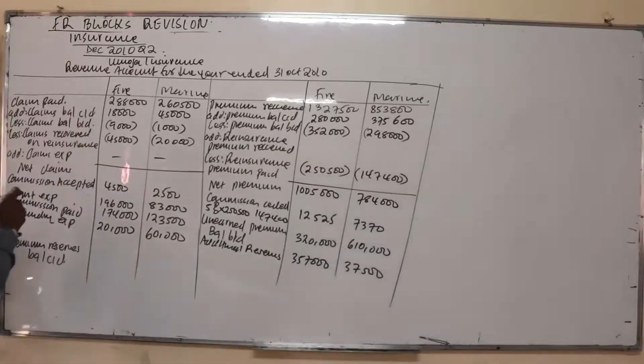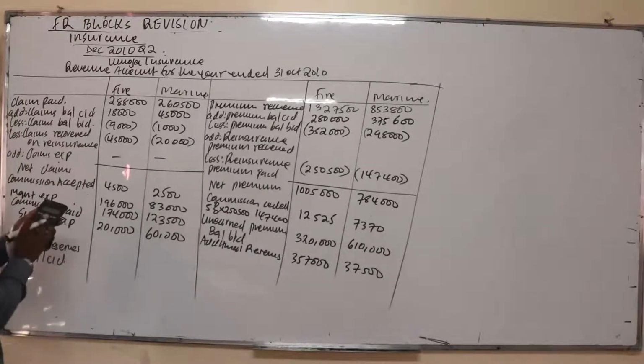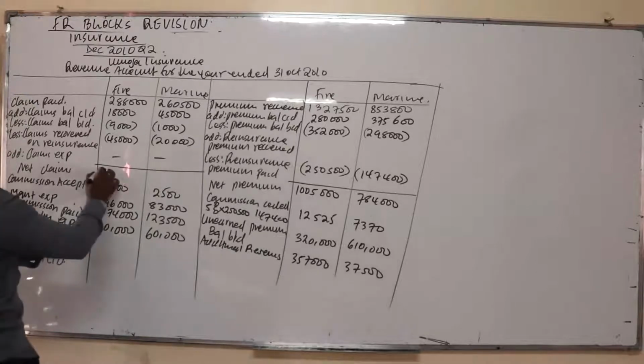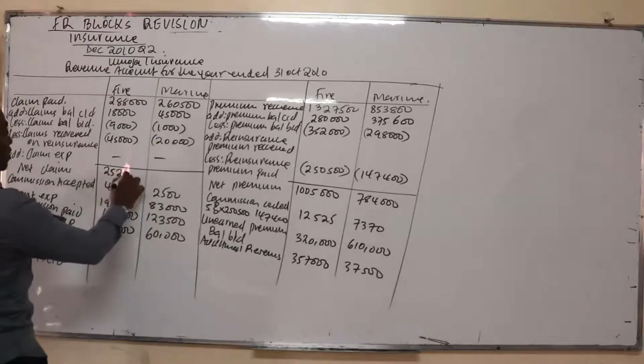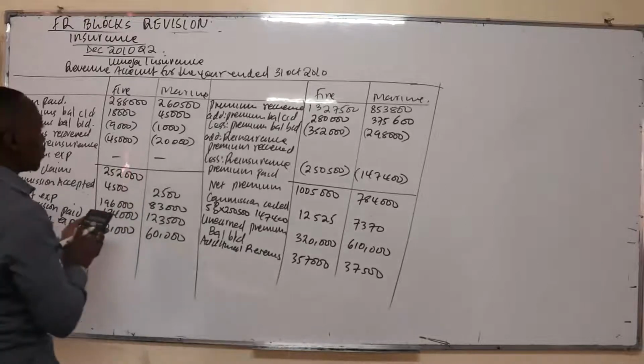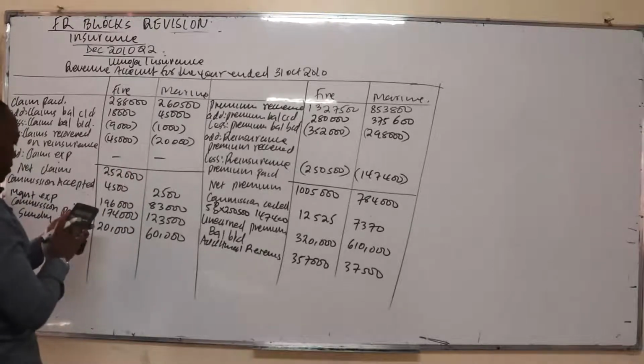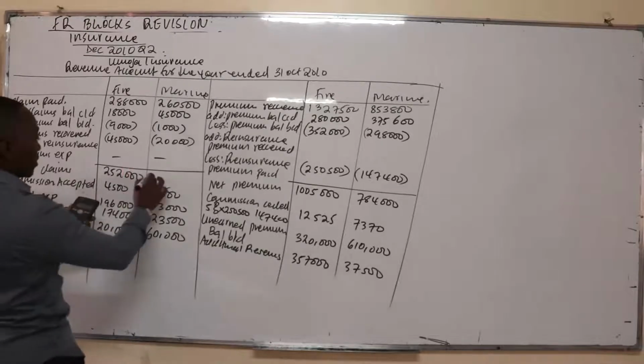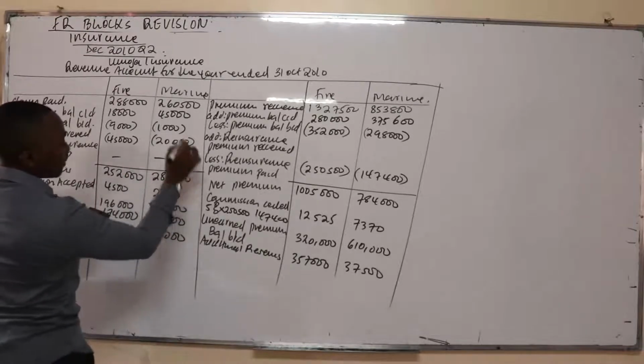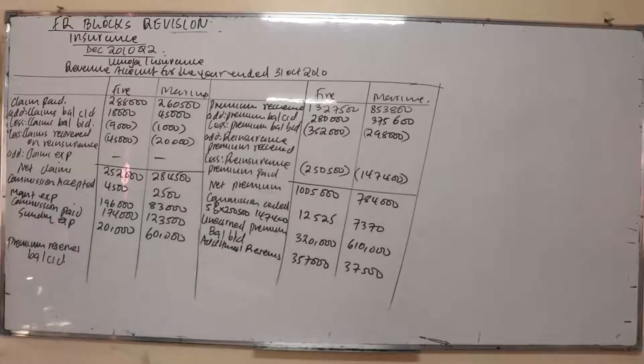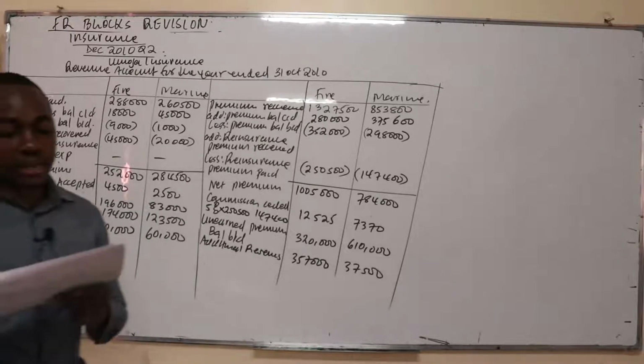So let's get for claims. This is 252, 260,500 plus 45. It's 21,000. You get 284,500. So now with the net premiums and the net claims, now we can go to note number 4.